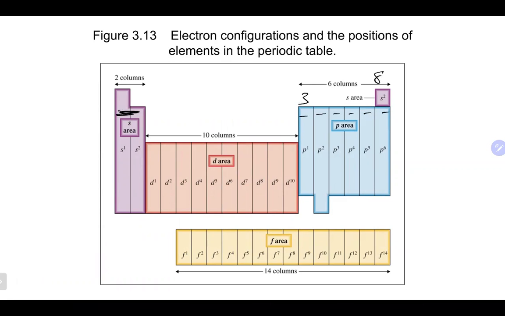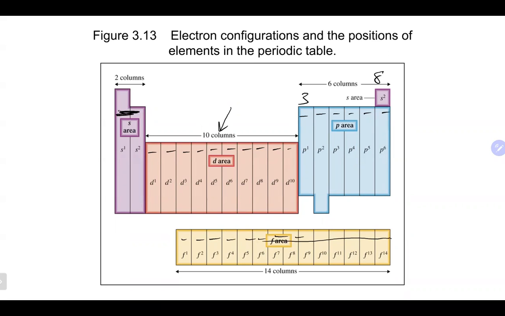That is the P block because it has 6 electrons. Transition metals, if you count 1, 2, 3, 4, 5, 6, 7, 8, 9, 10, that is the D block. And the 2 rows on the bottom, lanthanides and actinides, that is 14 if you go all the way across here. And that is the F block.